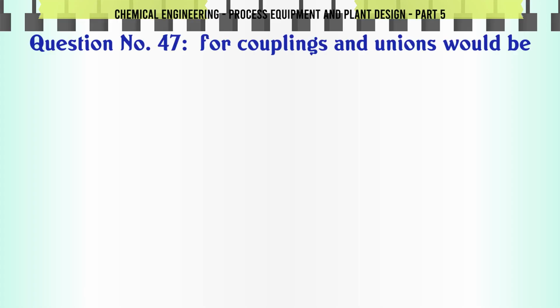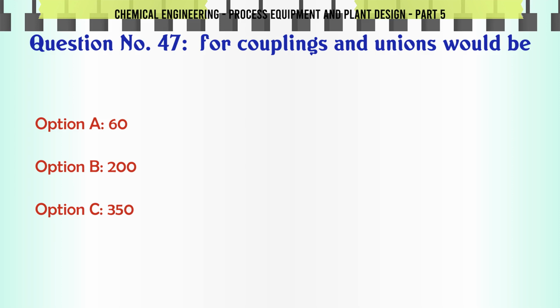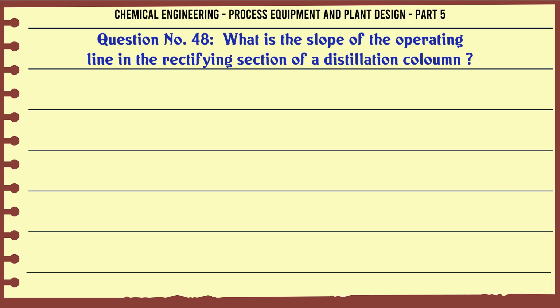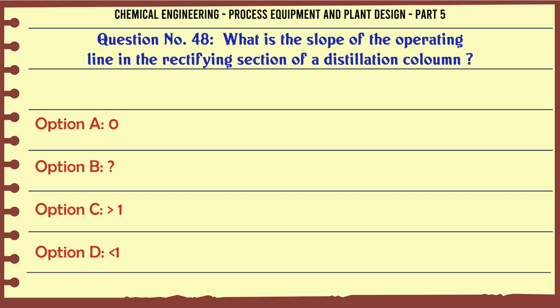For couplings and unions would be A. 60, B. 200, C. 350, D. negligible. The correct answer is negligible. What is the slope of the operating line in the rectifying section of a distillation column? A. 0, B. 1, C. 1, D. 1.